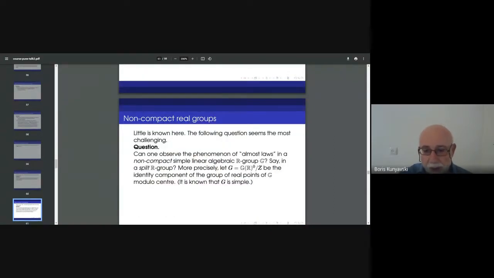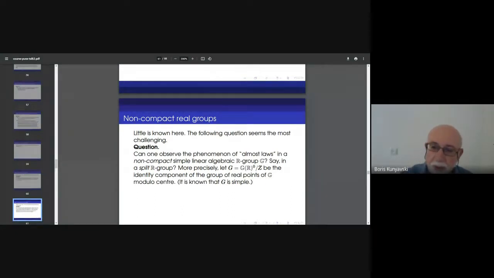Well, to be precise, this is an important remark: if you just consider the group of real points, you may observe some unpleasant situation, that it can be non-connected as a group. So you should consider the connected component. And it may contain a center, so you should factor out the center to get a simple group. What is written here is known.